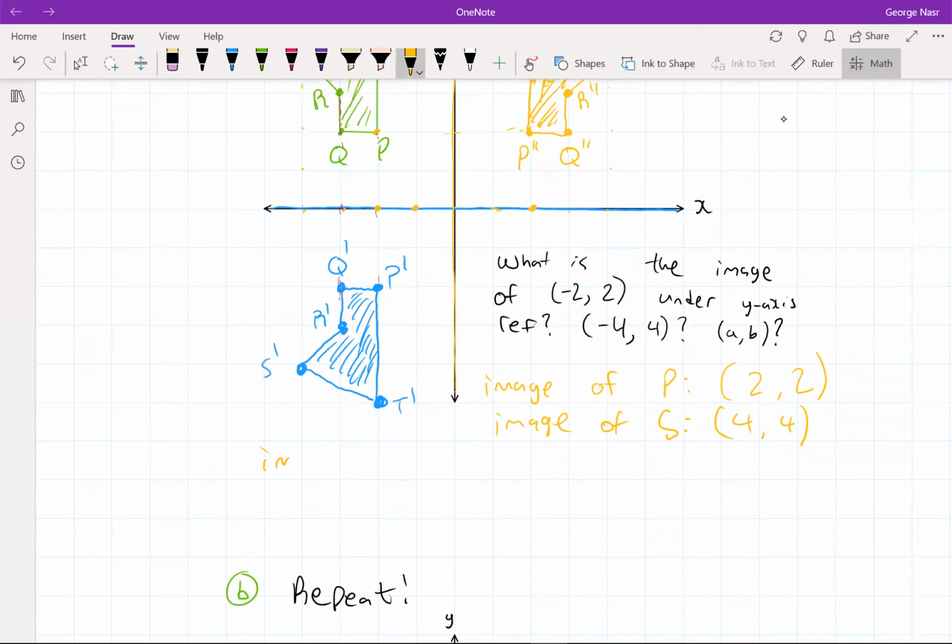So the image of AB is: we keep the output the same, but we negate the input.